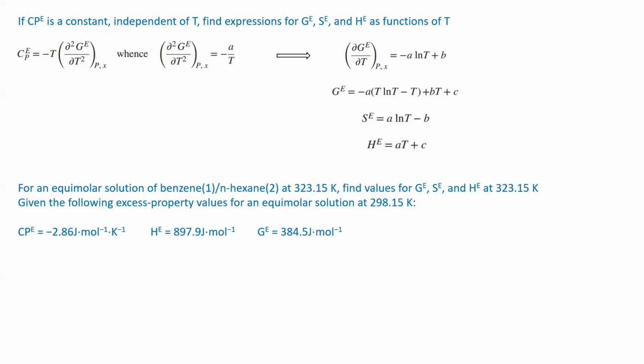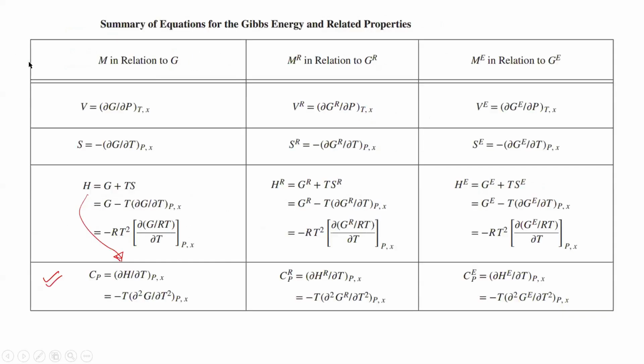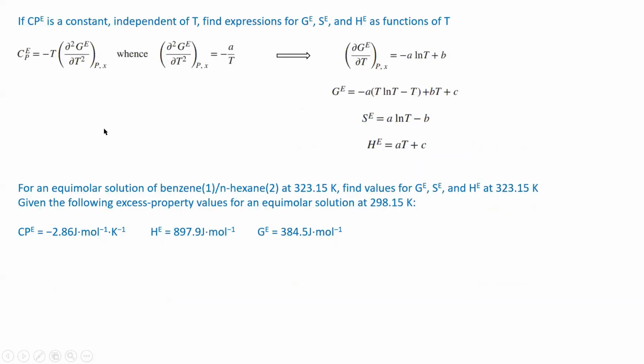Suppose we have a function for CPE. Here it is a constant. Assume that. CPE is expressed as minus T into this one, right? So similarly for the excess property also. This is expressed like this, and we say this is equal to a constant, which is A here.